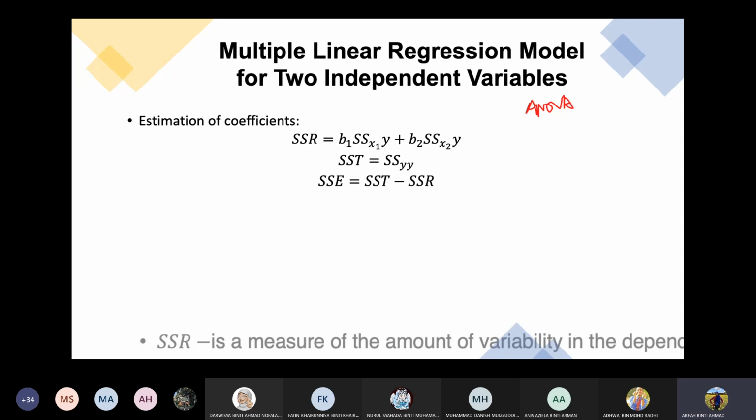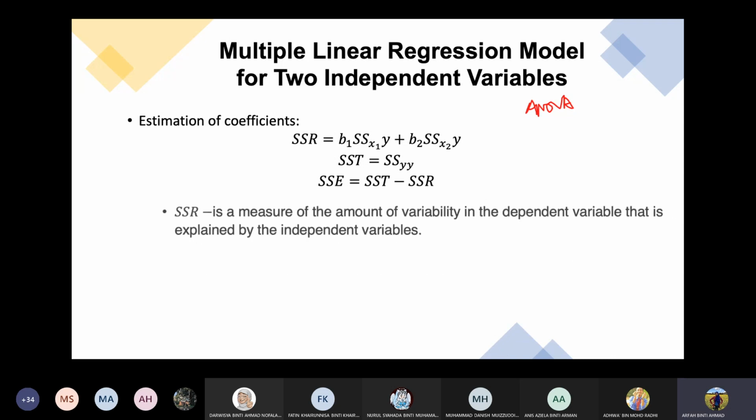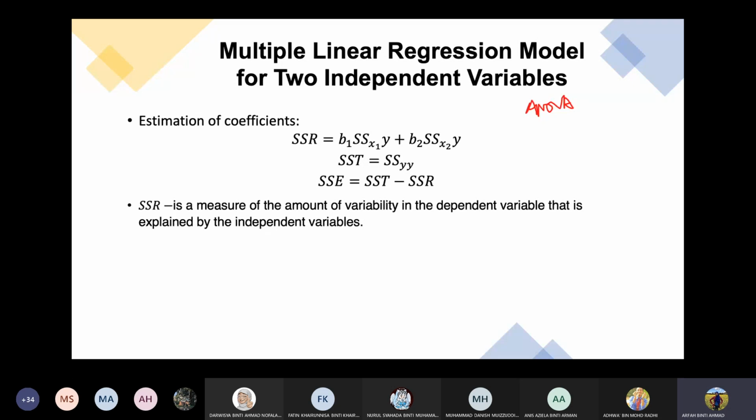Okay. Sum squared of error akan sama dengan sum squared of total minus sum squared of the regression model. So sum squared of the regression, SSR, it is a measure the amount of variability in the dependent variable that is explained by the independent variable. Maksudnya berapa variability, variance lah kat dalam dependent variable yang di-explain oleh independent variable X1 and X2.